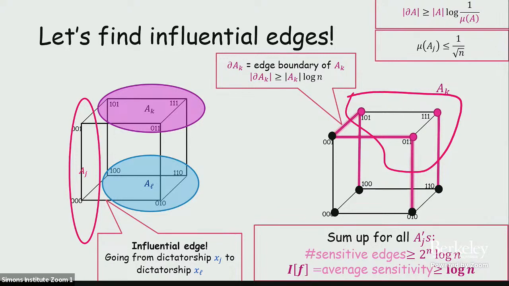We do the normalization of the influence, and we get that the total influence is at least log n, which is exactly what we wanted to say. Okay, if it's at least log n, then we have trivially large influence. So we proved KKL in one direction, and not for all the cases, but I hope it was interesting.